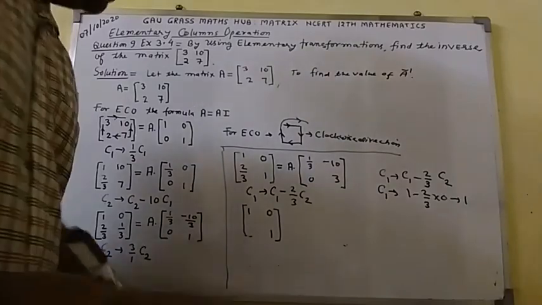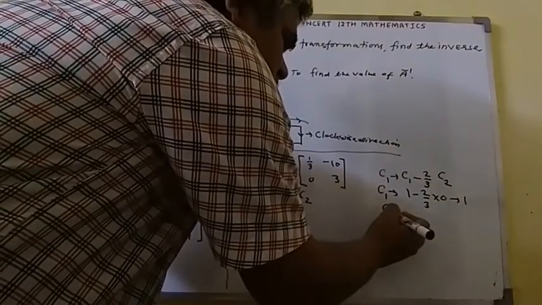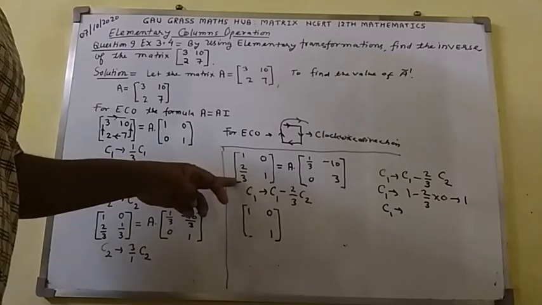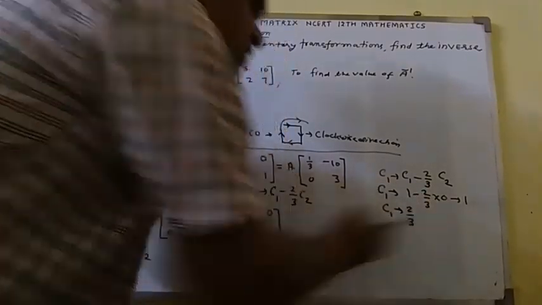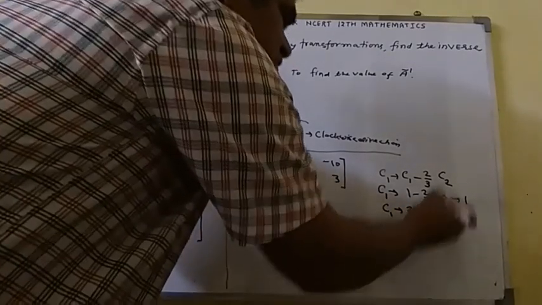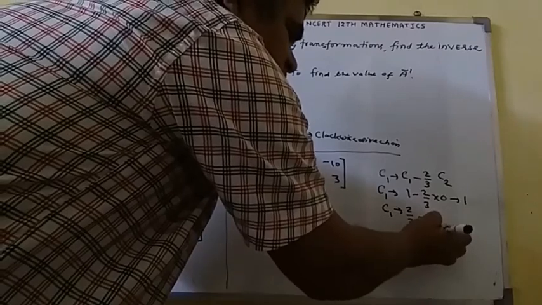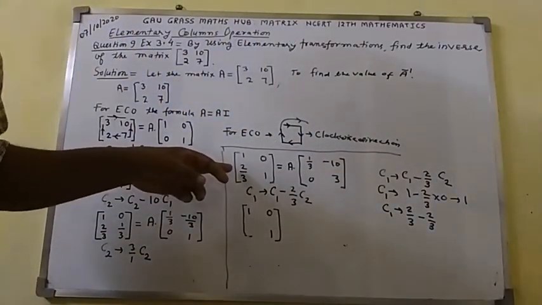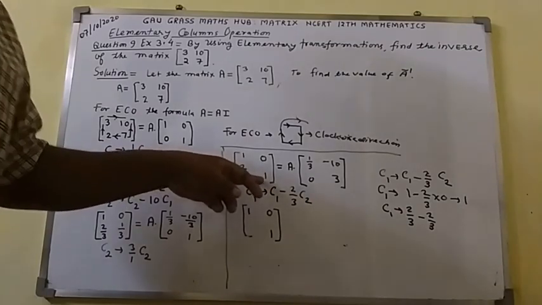And for this term we shall get again C1 goes to C1. If I take 2/3 as C1, so here write 2/3 as C1 minus this 2/3 will be written here, 2/3 C2. I shall take the respective element in column C2, which will be 1.